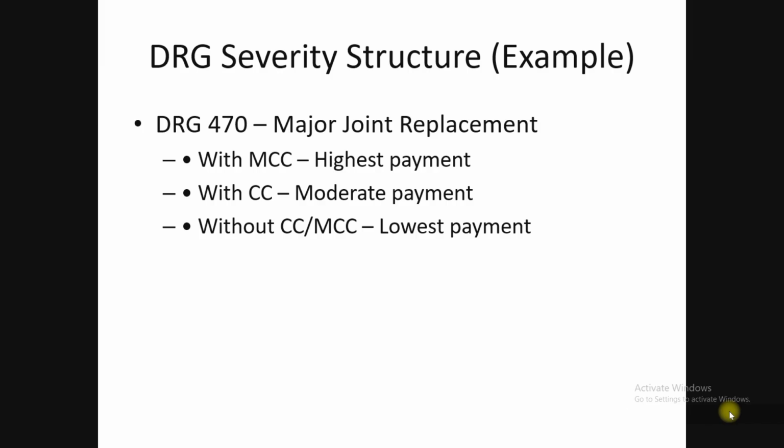Based on this, you need to understand the importance of CC and MCC conditions. In order to code appropriately, you need to check the complete documentation and capture all MCC and CC conditions. If you miss any MCC or CC, it will be a medical coding error and the hospital will get the lowest payment.